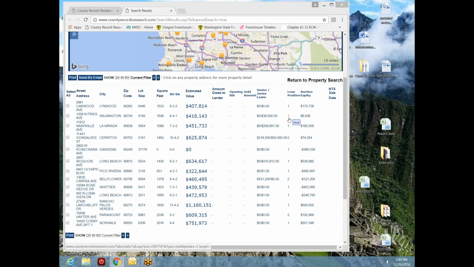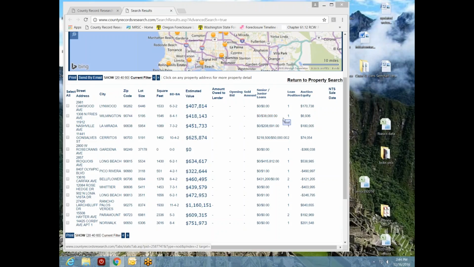Okay, now in these cases you've got these foreclosing firsts, and the second one on Fry's Avenue in Wilmington, there's a second of 38,000. So that means the first is foreclosing and there's a second behind it of 38,000.